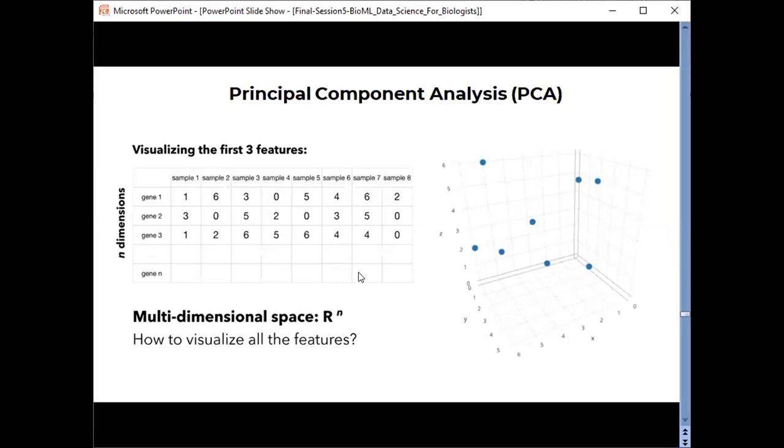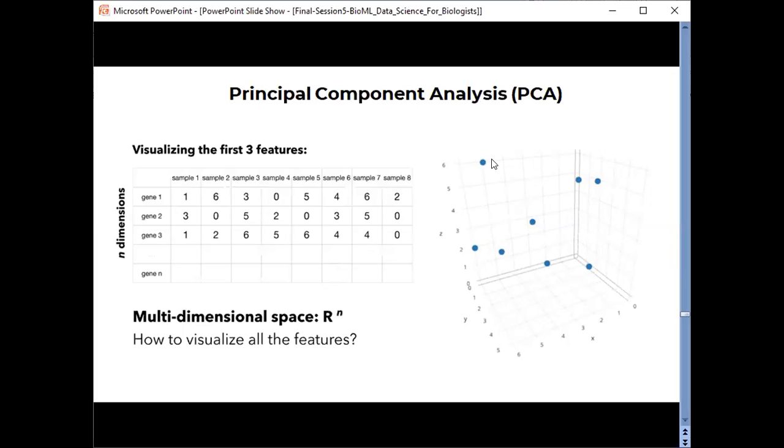So what are the different methods by which we can visualize all the features? That is why we are going to use PCA, which compresses the data from a large number of variables into a small number of variables that will help us make sense of the data.